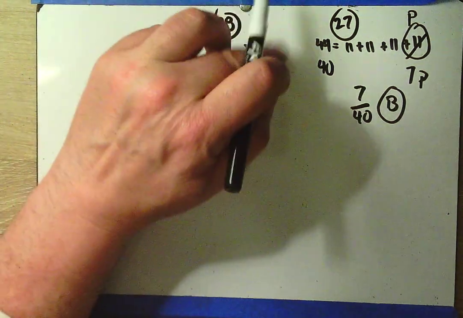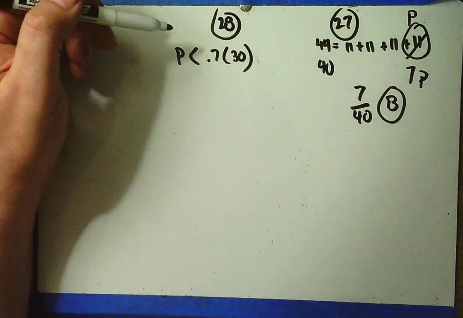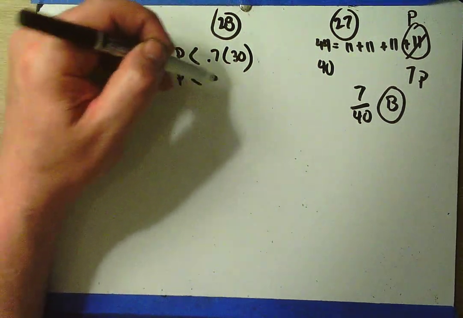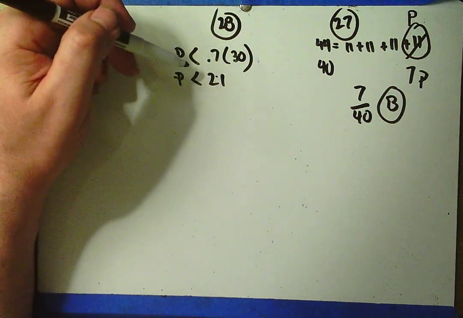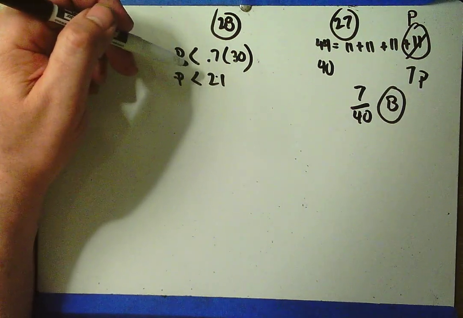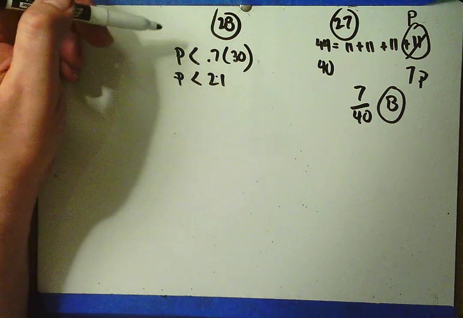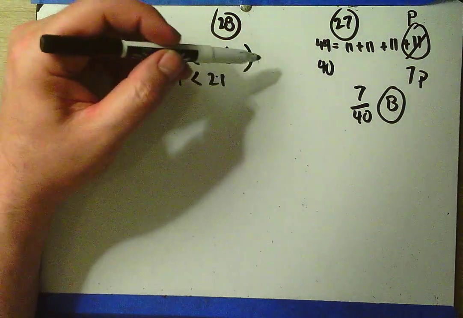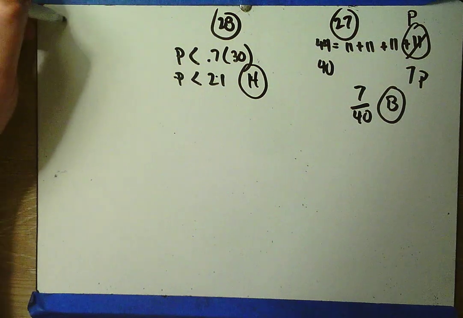Okay, if their number of points is less than 70% of 30, well, that means P can be less. If P is less than 21, they have to retake the test. And then it says, if Oliver scored P points on the test and therefore must repeat it, which of the following must be true? Well, he got less than 21 points. Sorry, Oliver. H is your choice.